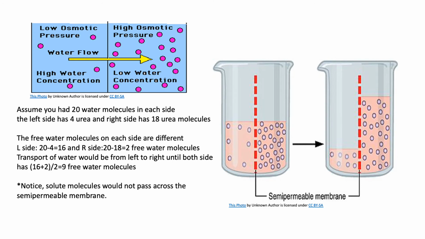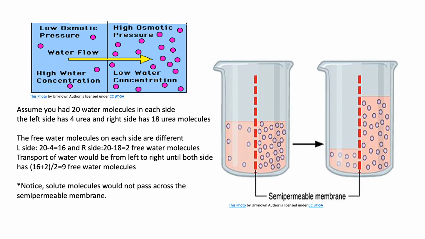Water always moves from an area of higher water potential to an area of lower water potential. In other words, water always moves toward wherever there is a higher concentration of solids. Water potential is affected by two factors: osmotic pressure and amount of solid. A solution's tonicity is related to its osmolarity, which is the total concentration of all solids in the solution.